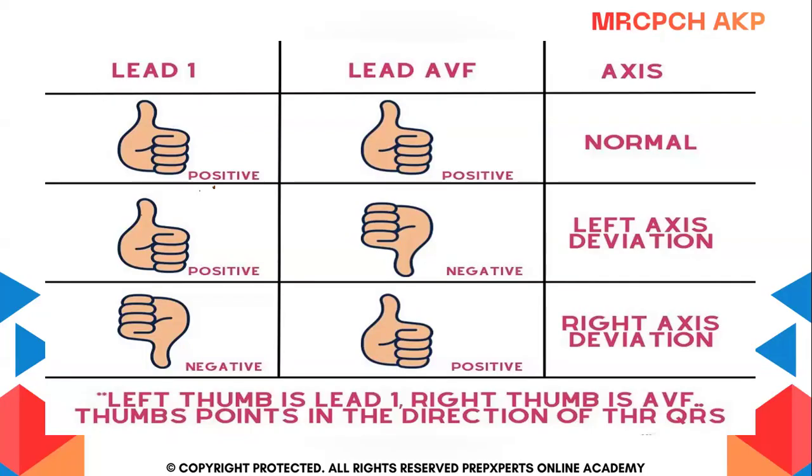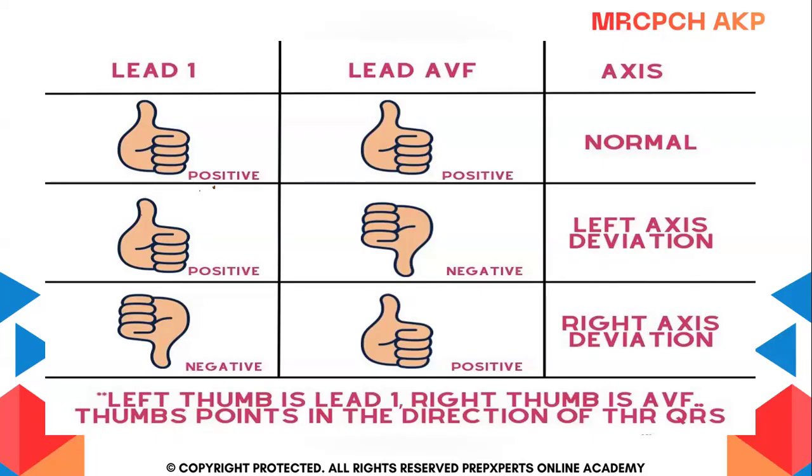For example, if there is left axis deviation, lead 1 will be positive. For example, your left thumb is up and the right thumb is negative. So what is this? Left axis deviation, because your left thumb is up, right? And in the same manner, if lead 1 is negative and lead AVF is positive, because your right thumb is up, you'll say that it is right axis deviation.